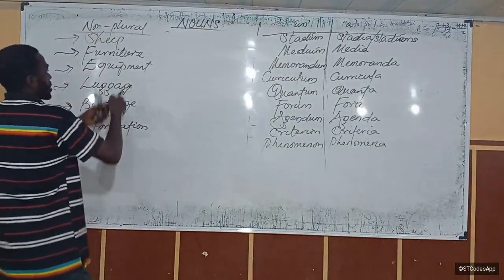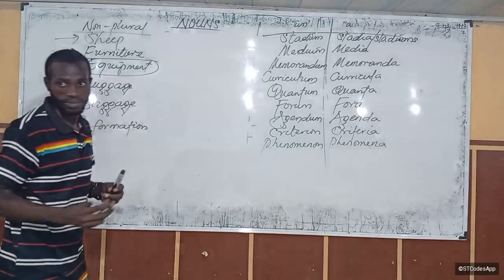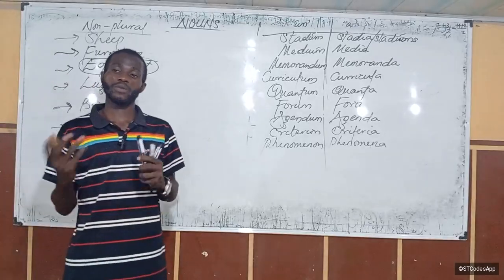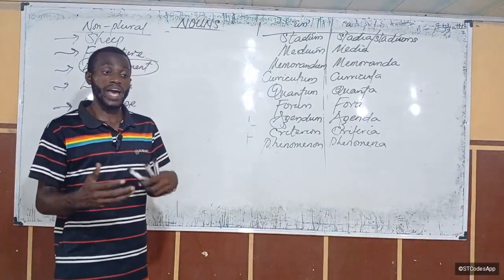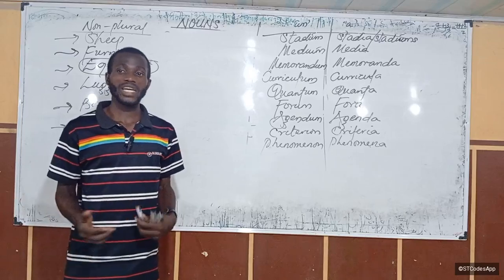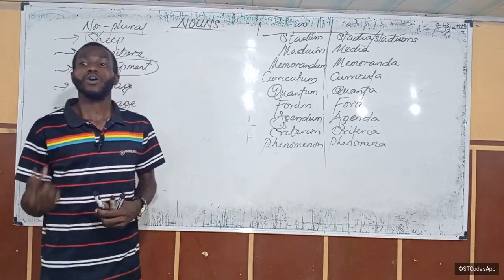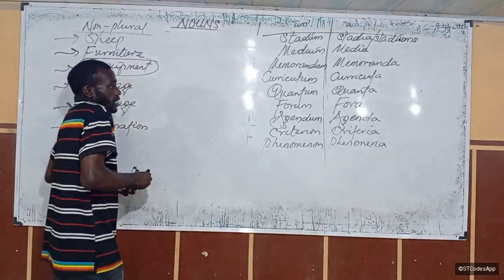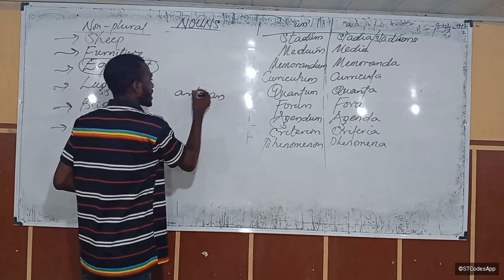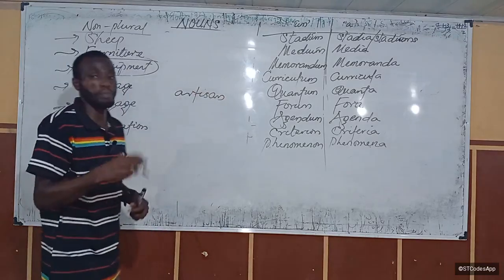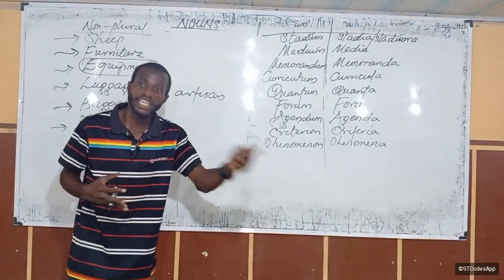Let me give you this one that is very easy to understand. Equipment. If I say, give me your equipment, I mean the things you use to work, right? Or where is your equipment? Not where are your equipments. Do you know why? Because as an artisan, for example, you are likely to have equipment, not equipments.